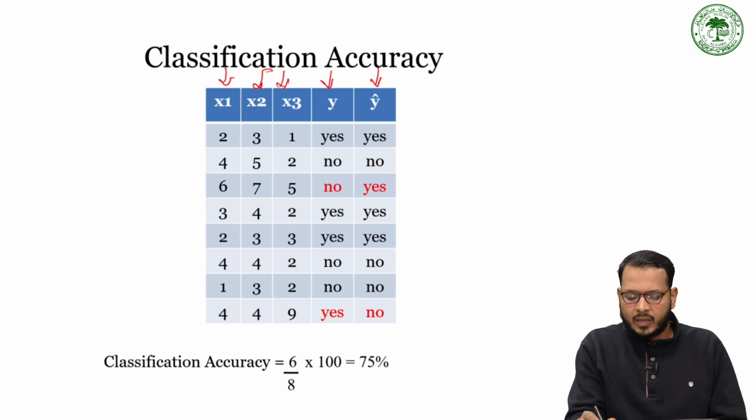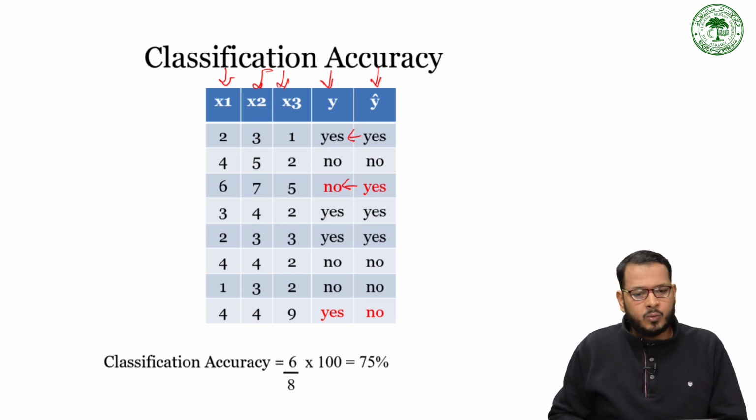So sometimes the predicted value agrees with the actual value. The actual value was yes, and the predicted value is also yes. Sometimes there will be a disagreement where the actual value was no, but the predicted value is yes.